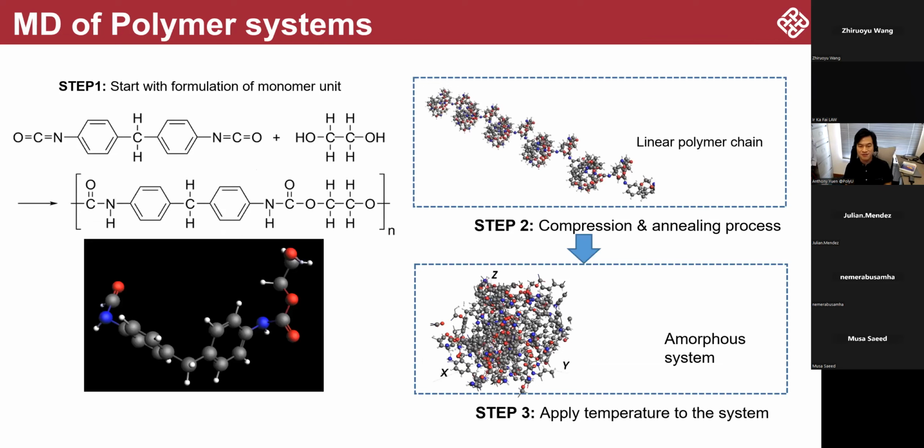So here's how we construct the polymer itself. We start with, say, any generic monomer chain, and these data are normally available online, so we can easily extract them.